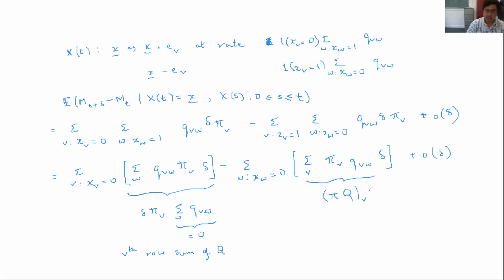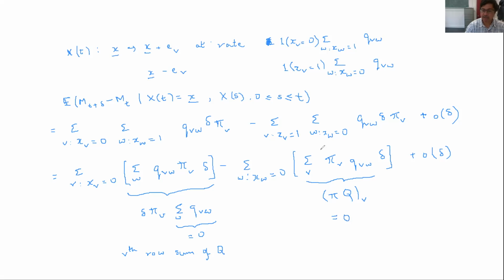But what is pi Q? Pi is the invariant distribution of the Markov process of the random walk with rate matrix Q, which means it solves the global balance equations, but the global balance equations say that pi Q is 0, the 0 vector, or each of its elements is 0.